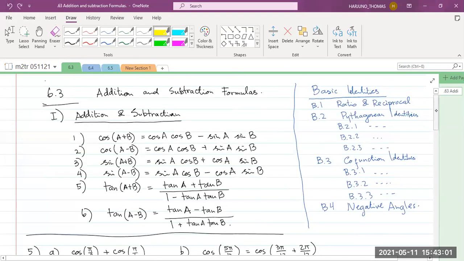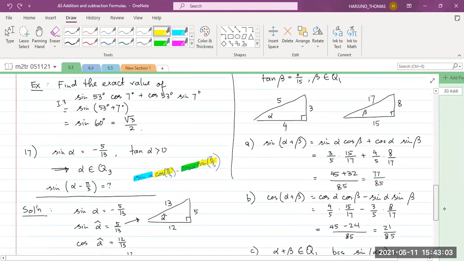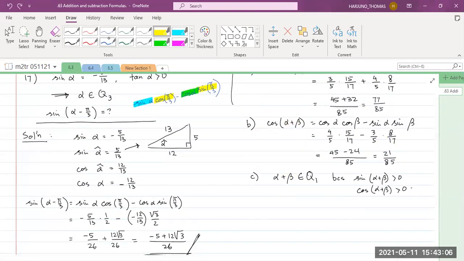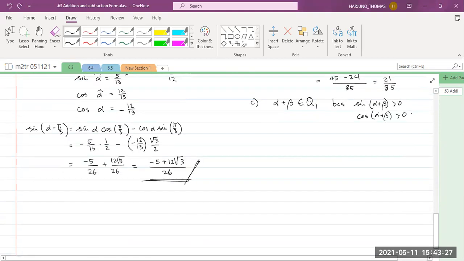Oops, I go too far. We'll do one more problem like this, and then we move on to another type of question. Okay, let's say I take number 27.